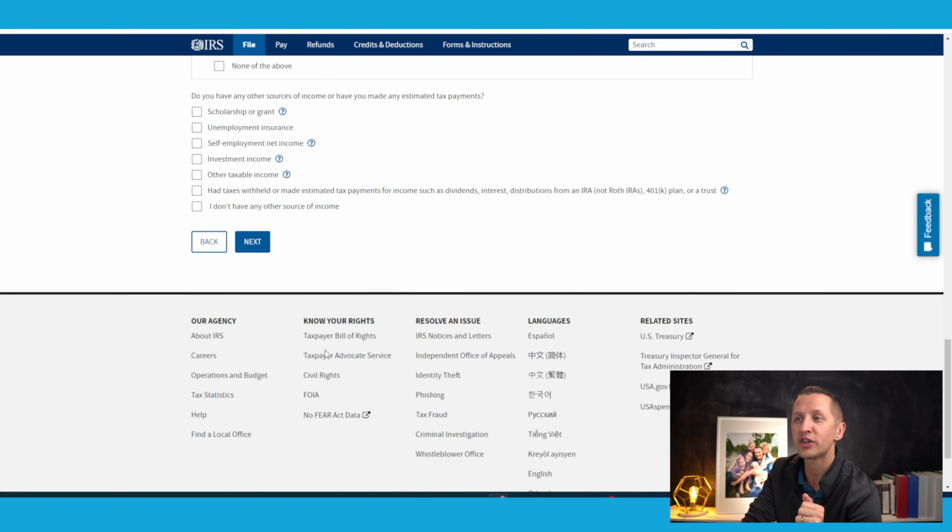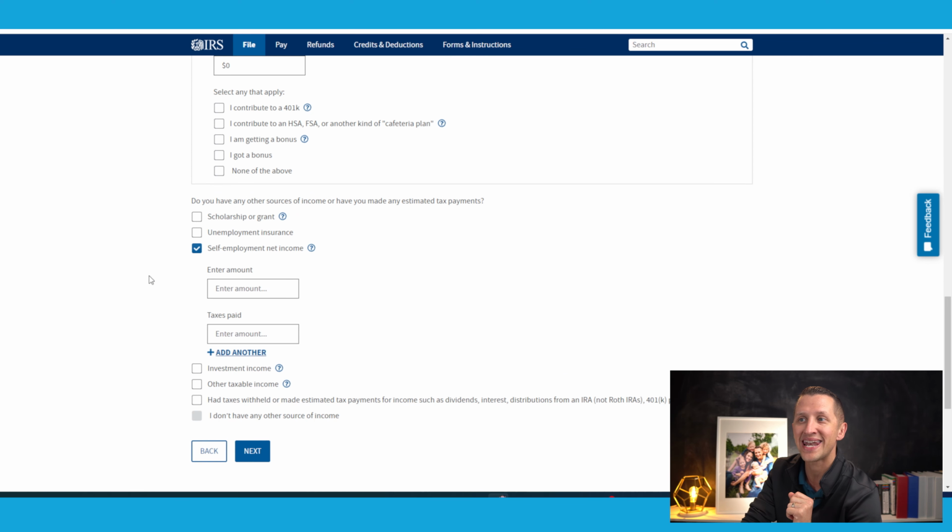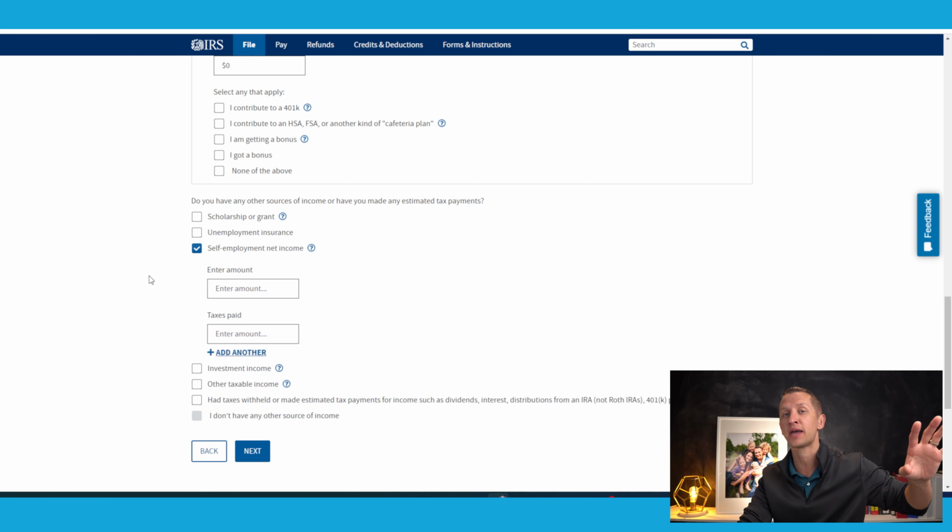But if we scroll to the bottom, we can see right here, there's a checkbox for self-employment net income. And why is it net income? Because it's already calculating everything that is included with self-employment, including self-employment taxes. And that's the big difference here. You also have to pay self-employment taxes, where you're only having to pay FICA as a W2 employee.